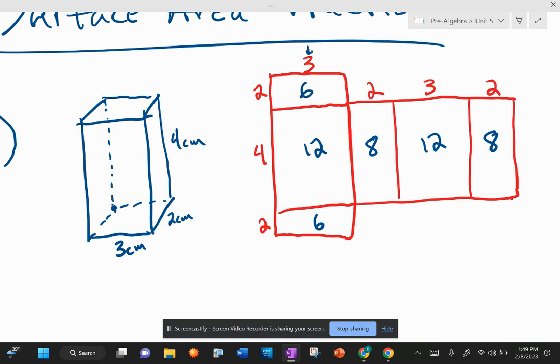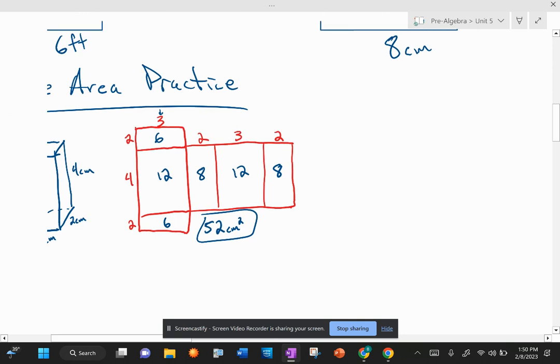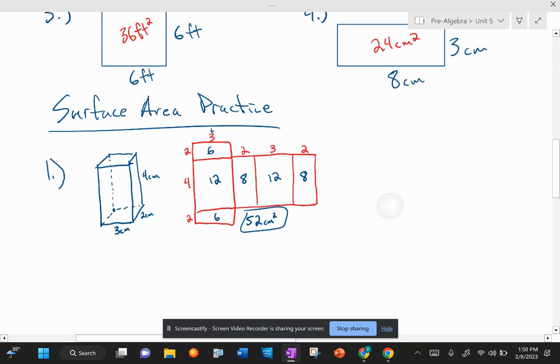So then you add all these surface areas up. That should be 52 centimeters squared. Okay. So, I didn't mean to say the word queso, but it happened.